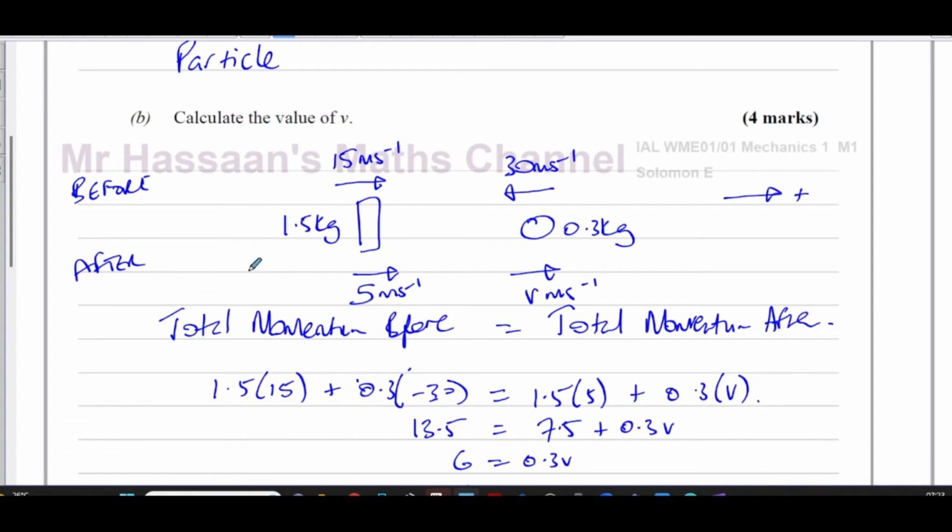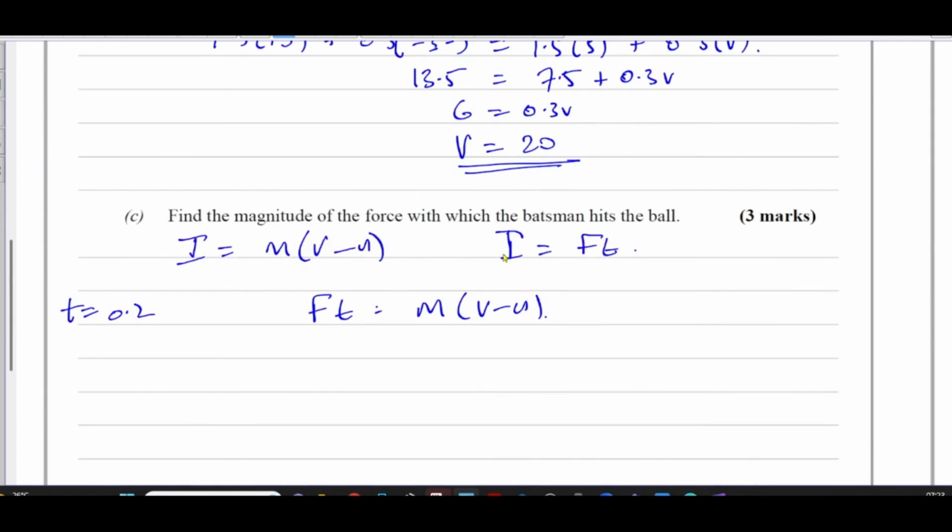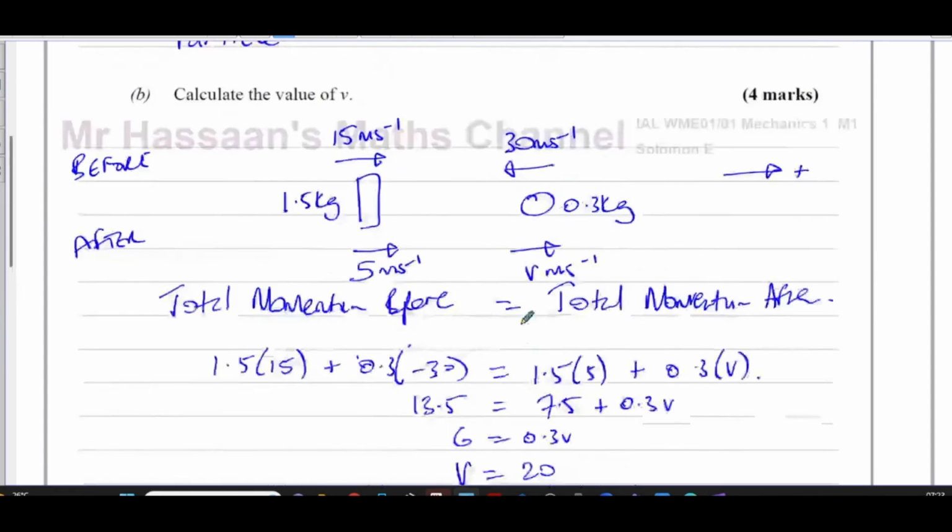So it's best to use what we're given. So I'm going to consider the bat. Although if we consider the ball and had everything correct, it would still be fine. We want to find the force. The time is 0.2. The mass of the bat was 1.5 kilograms.